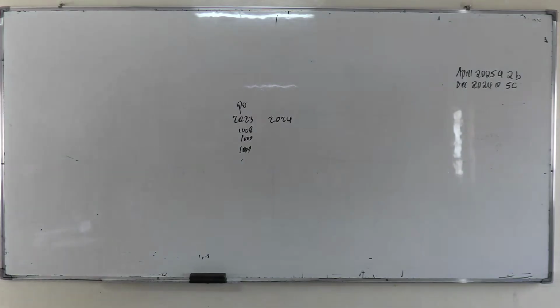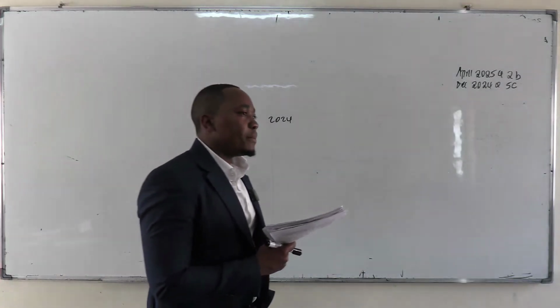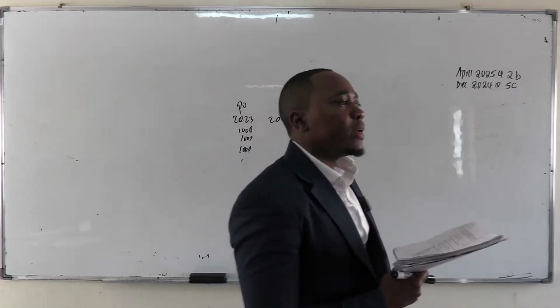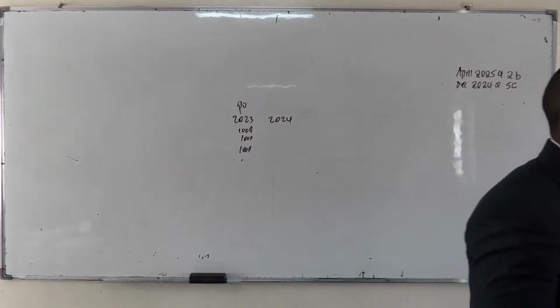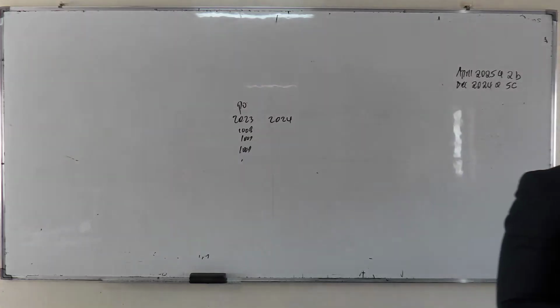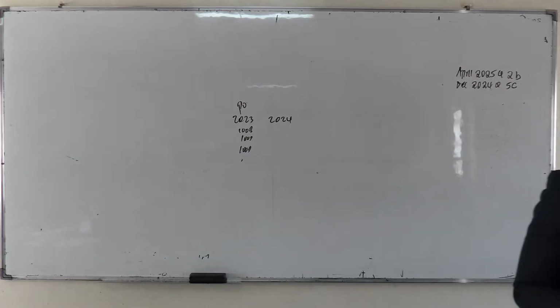Part B. Explain two types of post-employment benefits plan in accordance with IAS 19, employee benefits. You see that there are two types of plans: a defined contribution plan and a defined benefits plan. For a defined contribution plan, the amount of pension payable upon retirement will depend on the amount of the contribution made into the plan by both the employee and the employer.